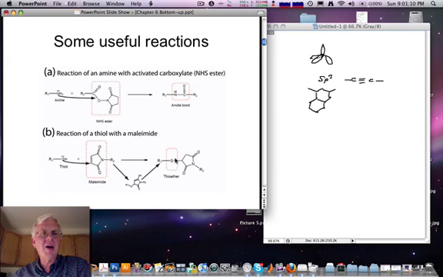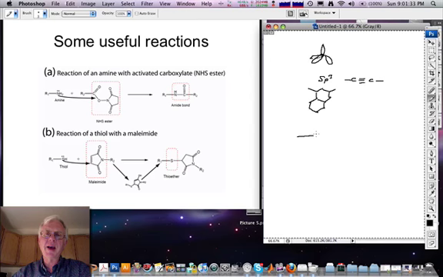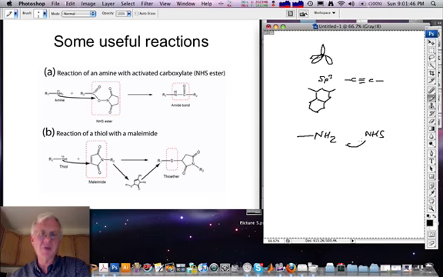I'm showing you here a couple of off-the-shelf reagents. One is an NHS ester, the other a maleimide, and they have the property that they will react rather specifically in fairly mild conditions with chosen groups. So in the top image, the R is anything, and it is coupled to an amine, and the NHS ester will react specifically with an amine to form the amide bond shown on the right of the slide.